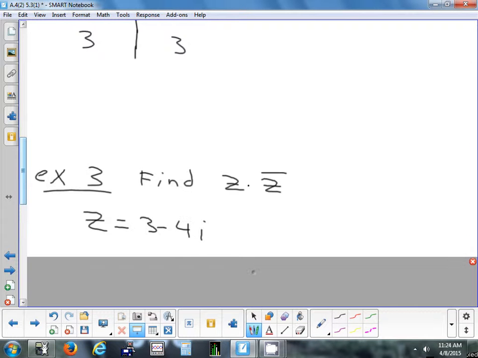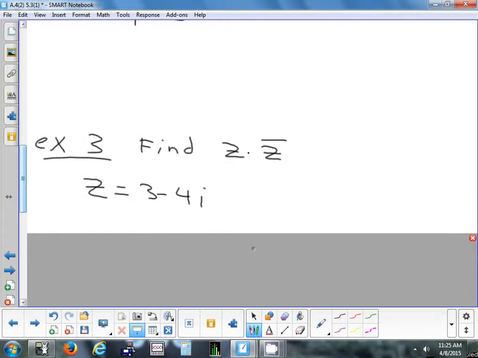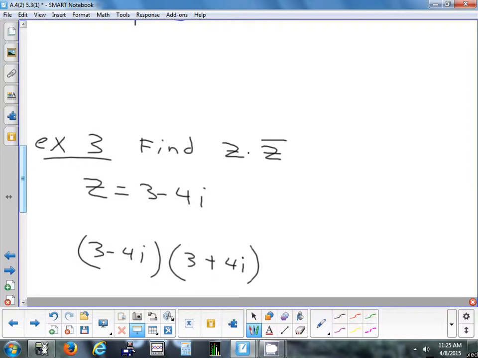Okay. Next thing I want to see what happens when we multiply those two together. Z times its conjugate. So what's the conjugate here? 3 plus 4i. So we're going to take z, 3 minus 4i, times its conjugate, 3 plus 4i.